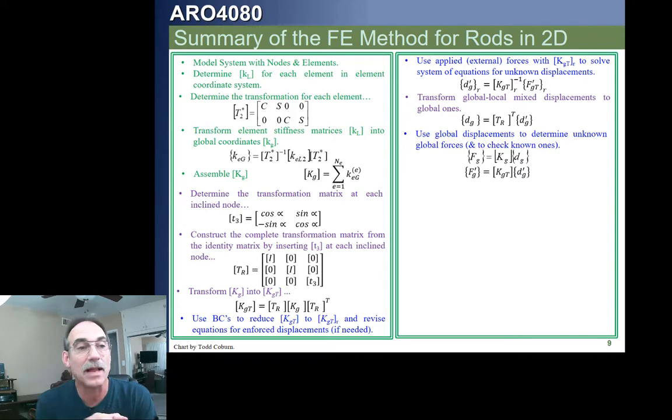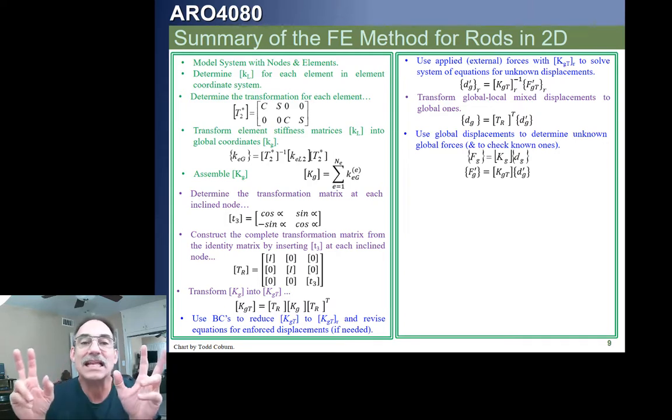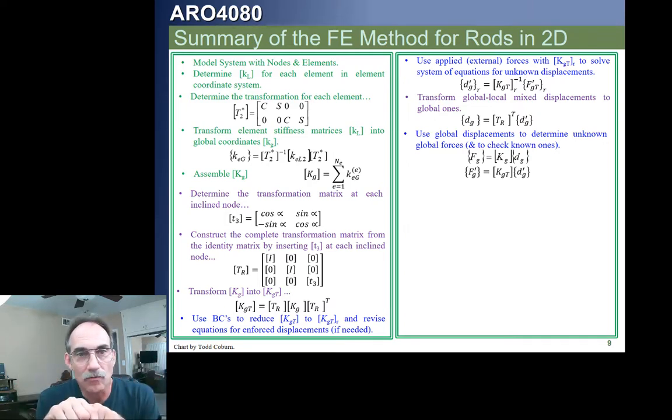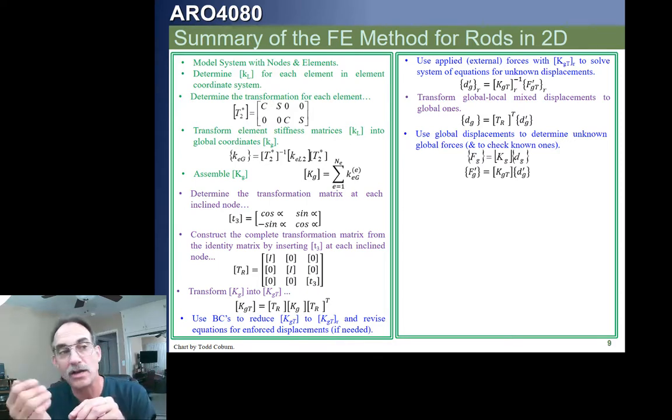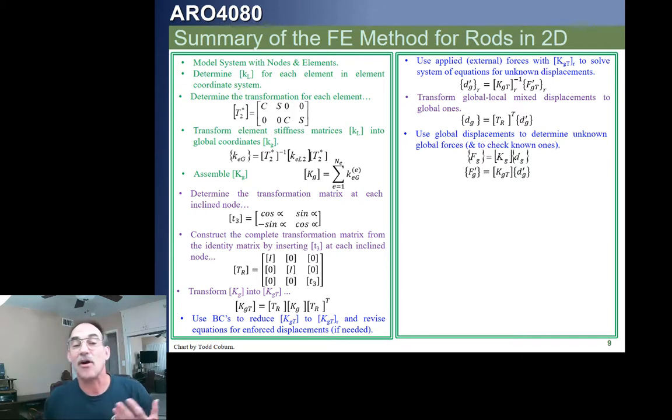We're going to multiply that against kg sub t, and that will give us the inclined global forces. When we calculate F sub G, we're going to look only at those forces that are in global and not inclined. When we look at FG prime, we're going to look only at those that are inclined. And those are going to give us all the forces that we need.